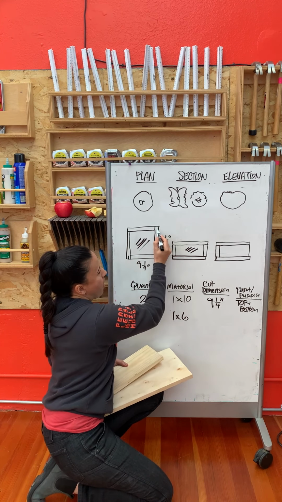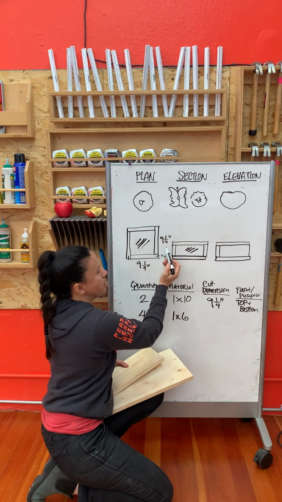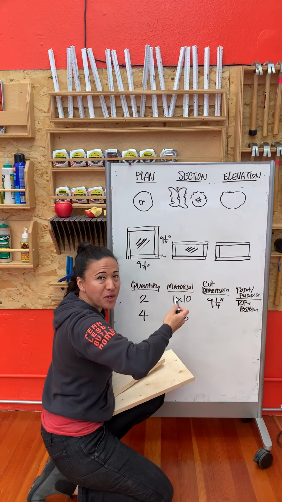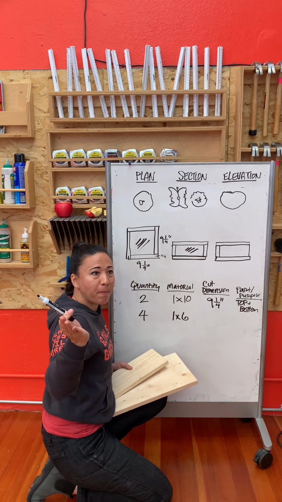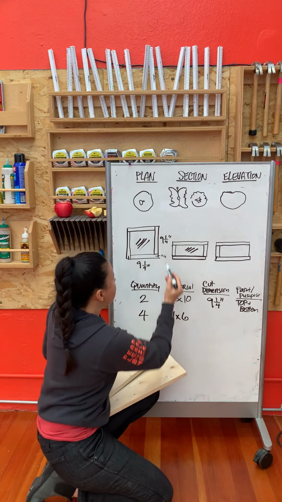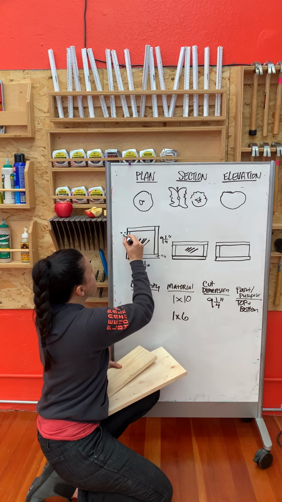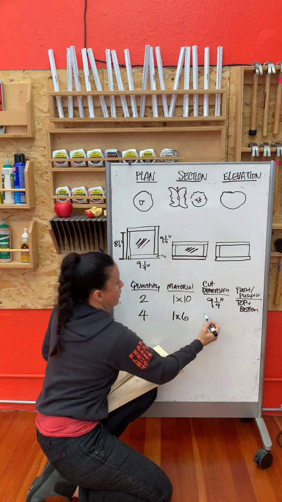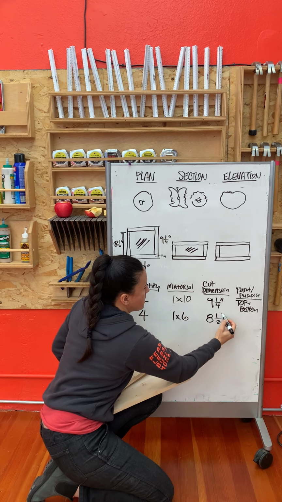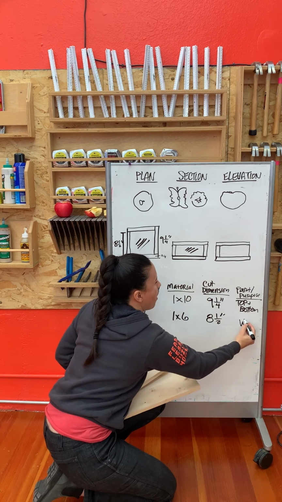So what does that make our shorter wall piece? 9 1/4 minus 3/4 equals 8 1/2. So our wall, just the wall piece, is 8 1/2. And what's the point of these pieces? They are our walls.